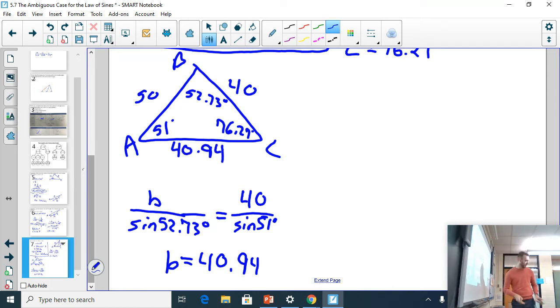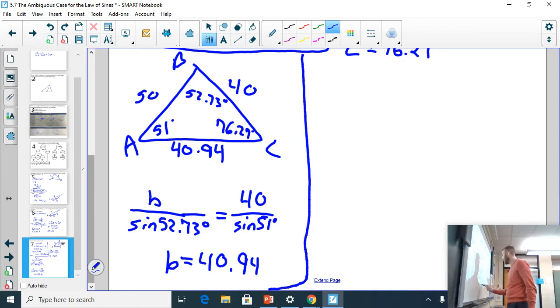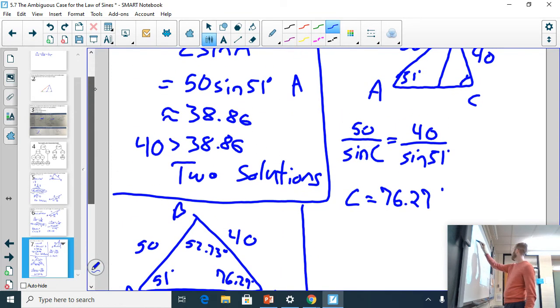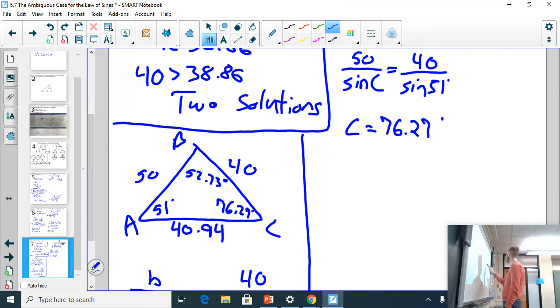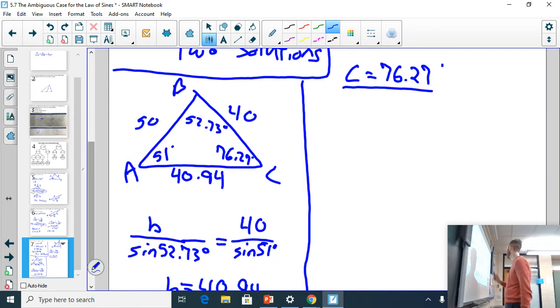And that's one solution to this, right? So you might be asking, well, how do we get the other solution? Our reference angle has to be the same, because the sine of C has to be the same.